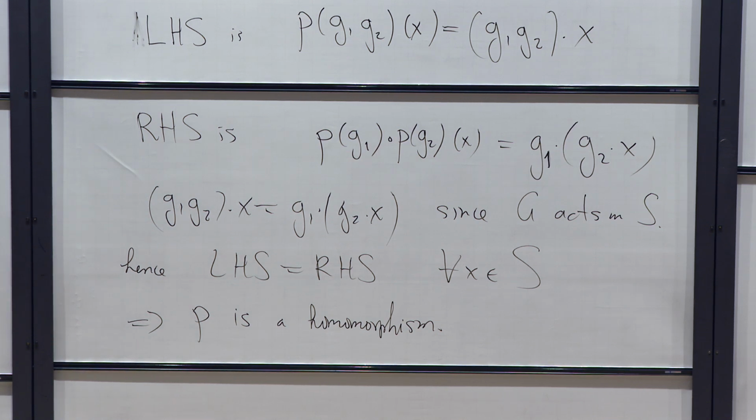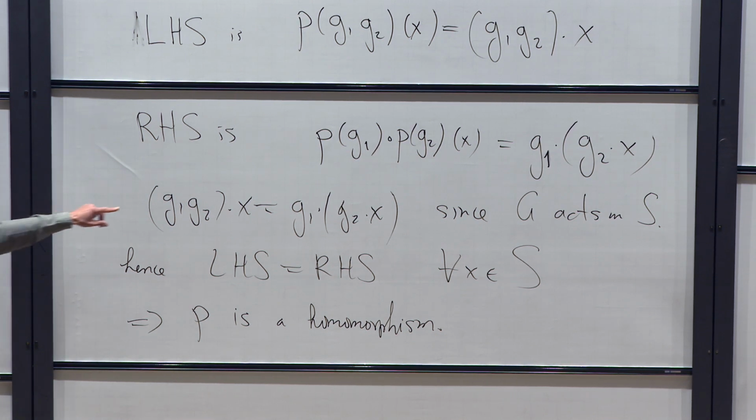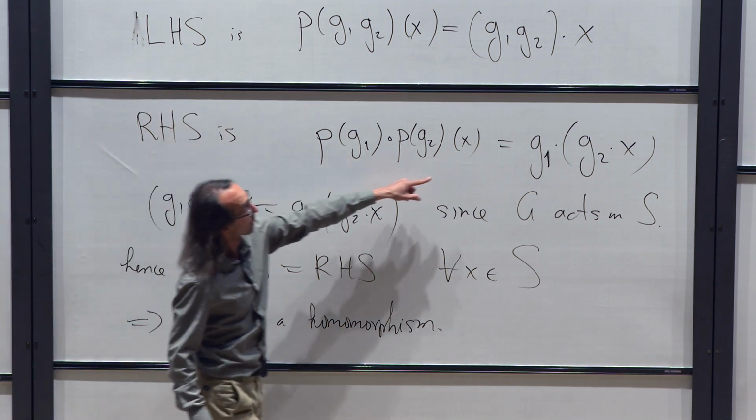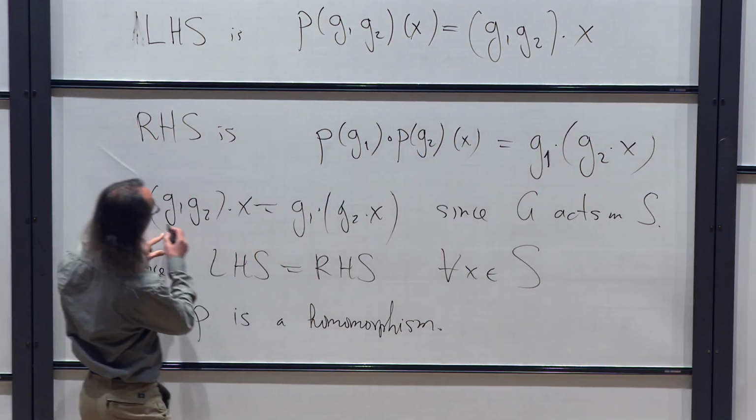In fact, what this shows is that rho is a homomorphism if and only if we have this identity, right?